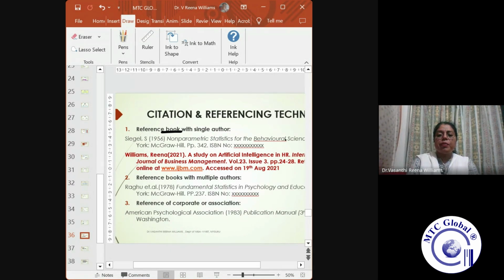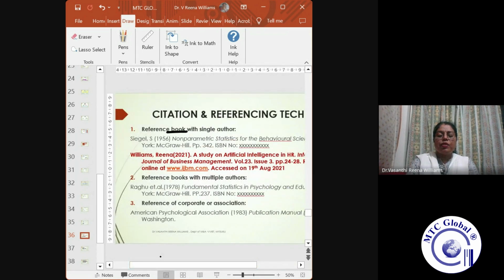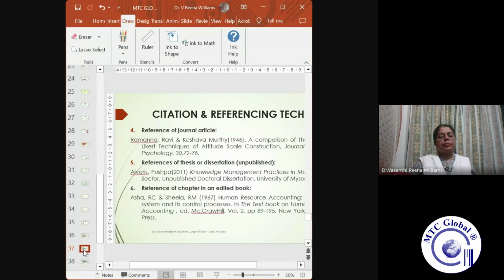Non-Parametric Statistics for Behavioral Science. Next is full stop, and then you write New York, McGraw-Hill. So that is where the publication happened. And page number 342, ISBN number so and so. Okay, so like this you have for books with multiple authors, or corporate association. All these things come out of that.